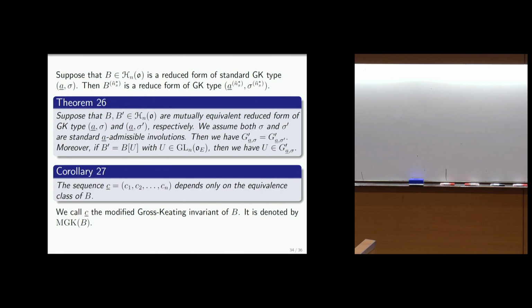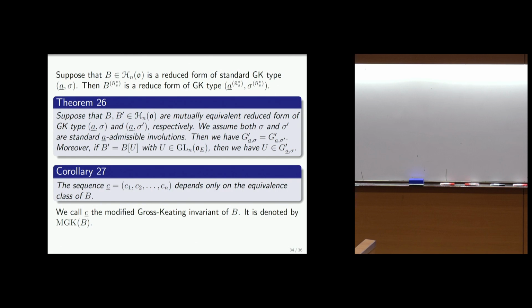Okay. Now suppose that B is a reduced form of standard GK type (A, σ). Then B to the Ñ*_s is also a reduced form of GK type A to the Ñ*_s and σ to the Ñ*_s. And B and B' are equivalent reduced forms of GK types (A, σ) and (A, σ').